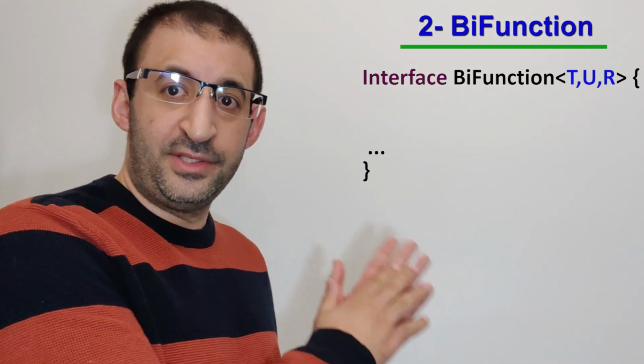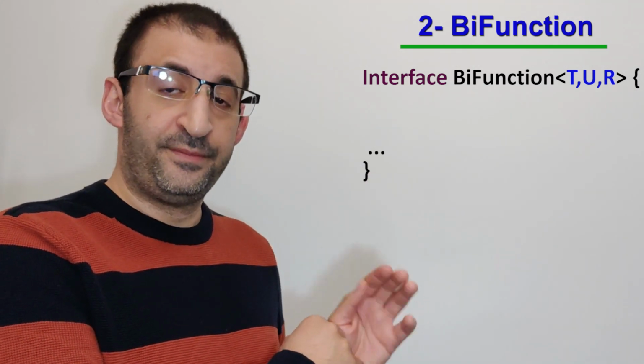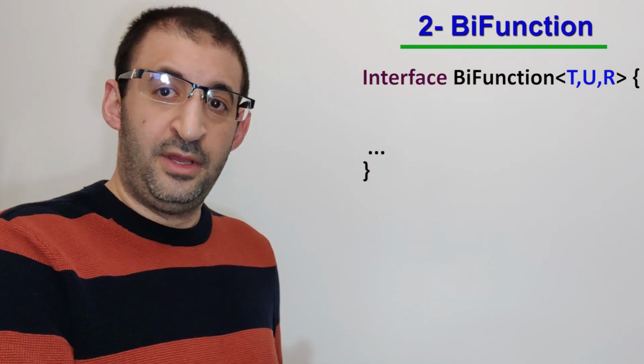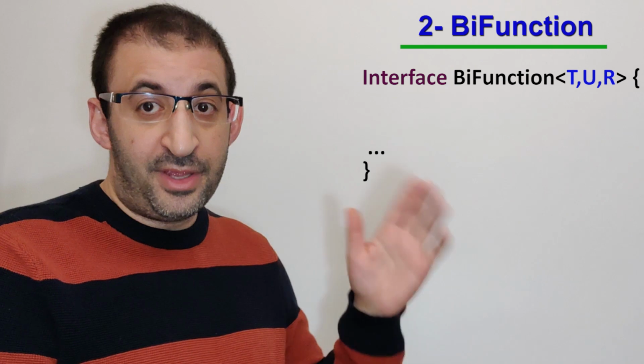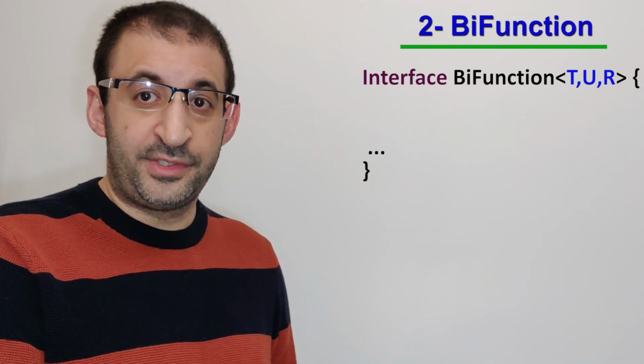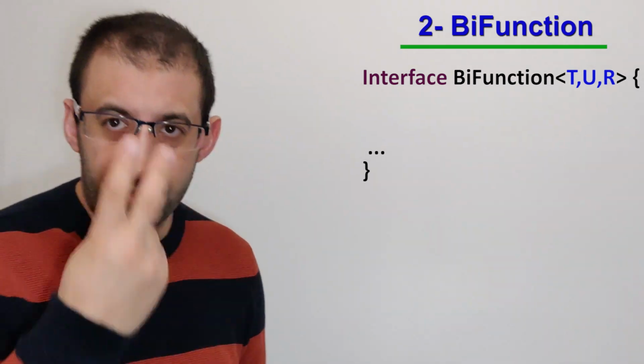So we have our interface BiFunction. It contains two input arguments, T and U, and also the return type, R. So there are three type arguments in total, but two input arguments.